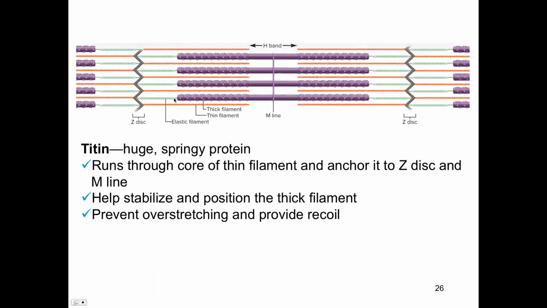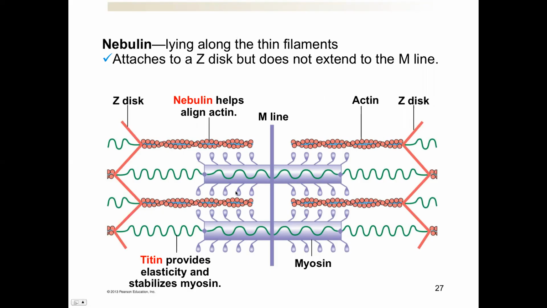It's sort of misleading that it doesn't quite attach to this M line, but it does go through the core of the thin filament, attaching to nebulin, and attaches to the thick filament to help attach it to the Z disc. But it's not attaching it to the M line, just so that you understand the difference there.